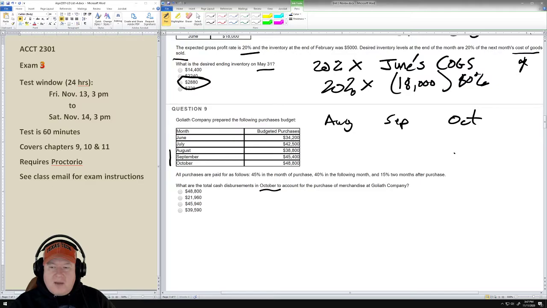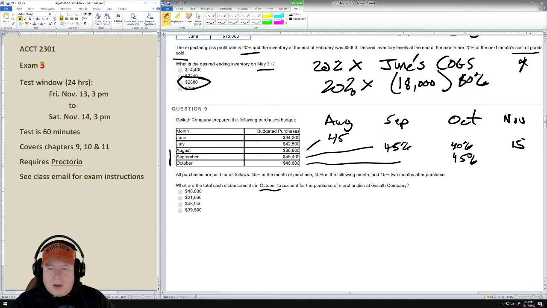Of this 48,800, how much do we actually pay in October? Well, we pay 45% of September's purchases in September, 40% of it in October, and 15% in November, etc. For August, we pay 45% in August, 40% of that 38,800 in September, and 15% in October.